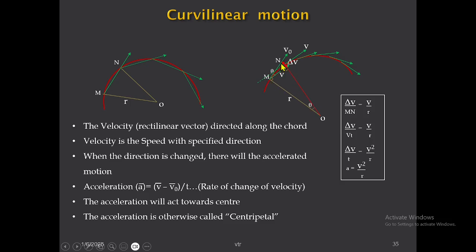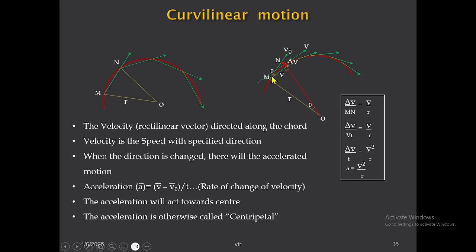So there are two triangles, this small triangle and this bigger triangle, and both are similar triangles. This triangle has 90 degrees, and that triangle also has 90 degrees. This angle is delta theta, so automatically the deflection angle will also be equal to theta.